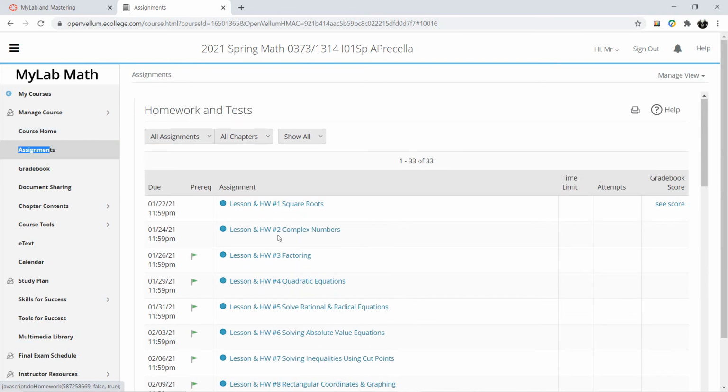Next, now you can work on the next assignment. But you can't move to assignment 3 until you've done assignment 2. This stuff builds. So that's for your own good, walking you through there. If you just try to jump into assignment 2, you're probably going to have some trouble because you would need to know how to simplify these square roots.